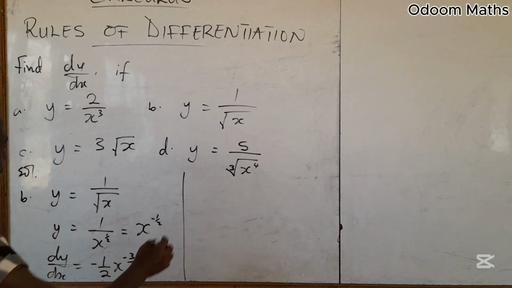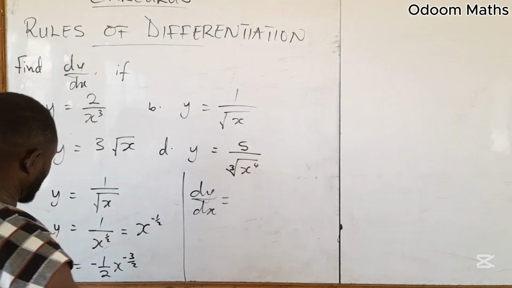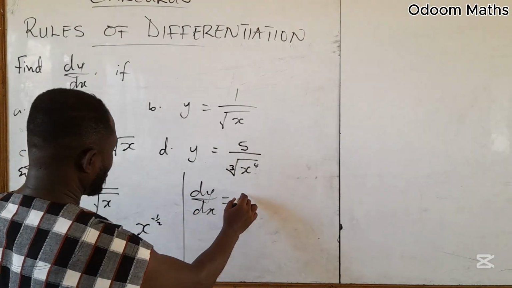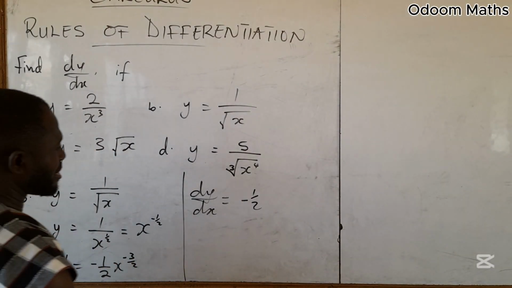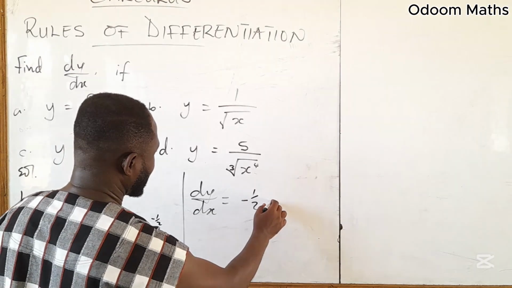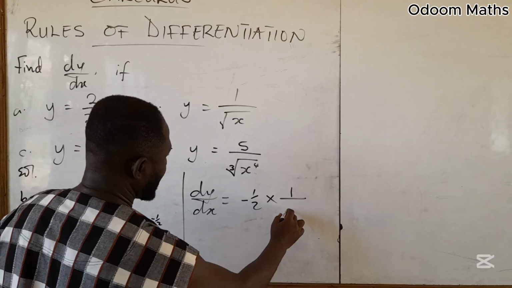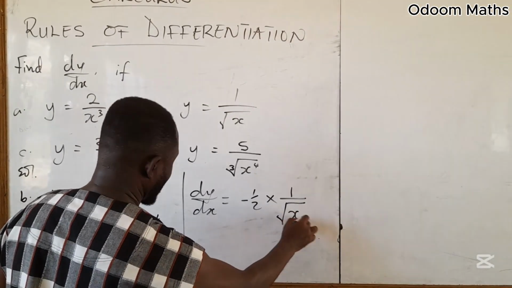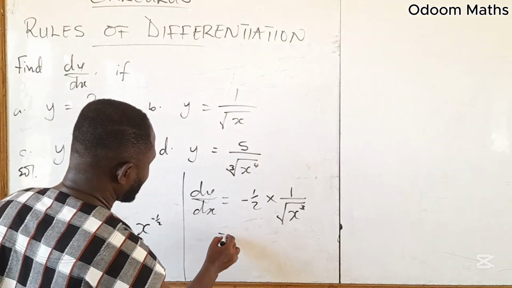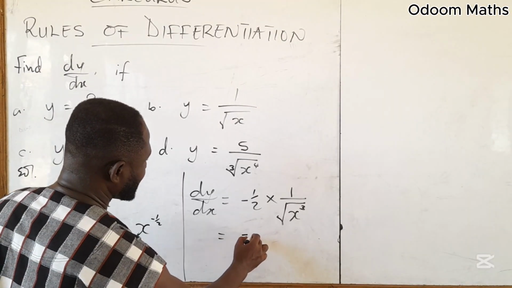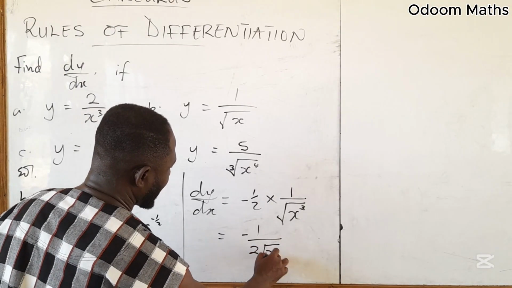Okay, and the final answer becomes negative 1 over 2, then we can say that this is being multiplied by 1 over square root of x to the power 3. So this finally becomes negative 1 over 2 root x to the power 3.